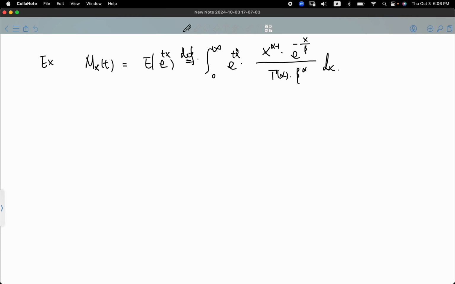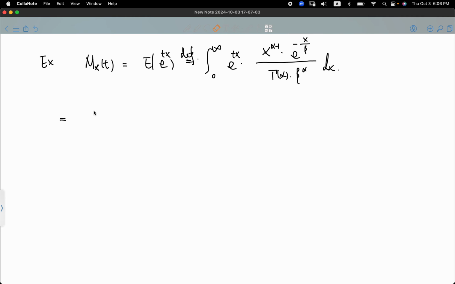Usually when working with the moment generating function, the first thing you want to do is to group the exponential of tx with something already in the density.